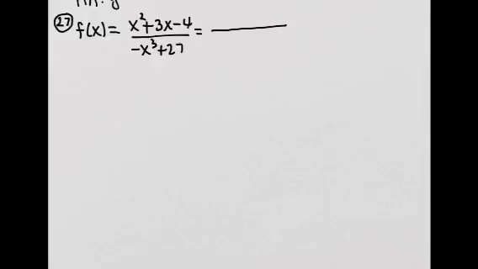Alright, so for part A, they want the domain, so we look at the denominator, and from here I know that this is the difference of two cubes. If I write it like this, you can see, let me just rewrite it. We have 27 minus x cubed. So this would be 3 minus x for the first factor. For the second one, remember we square the first number, 3 times 3 is 9, change the sign, we multiply this times this, so that gives us 3x, and that one is always positive, and then we square the x, the second term.